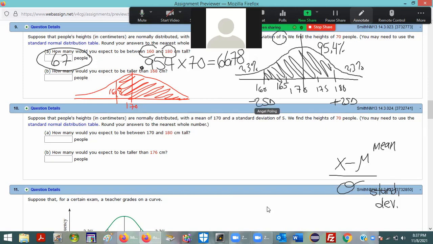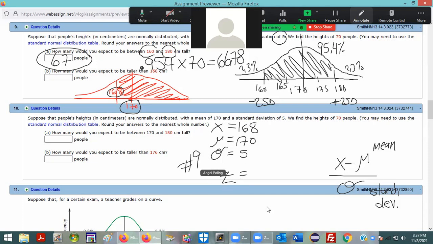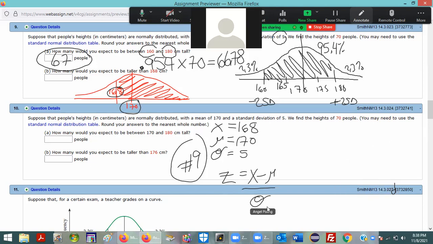Here we have an x value of 168, a mean of 170, and a standard deviation of 5. So when we find the z-score for number 9, we're doing x minus the mean divided by the standard deviation.